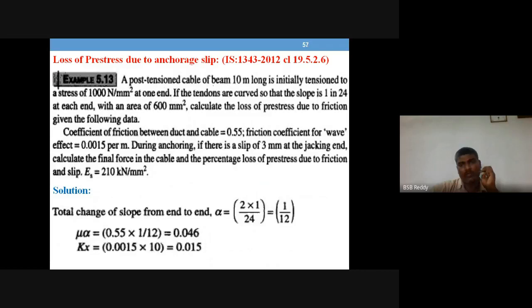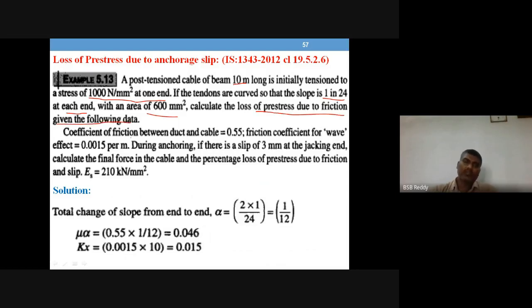A post-tensioned cable of a beam 10 meters long is initially tensioned to a stress of 1000 at one end. The tendons are curved so that the slope is 1 in 24 at each end, with an area of 600 mm square. Calculate the loss of pre-stress due to friction.